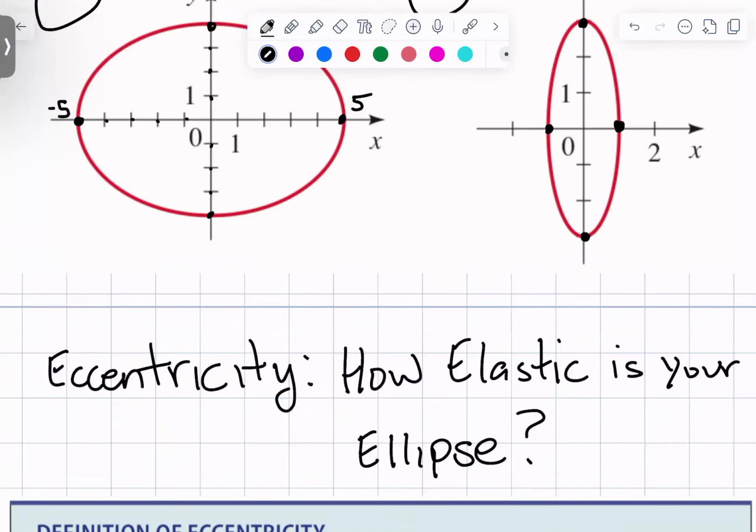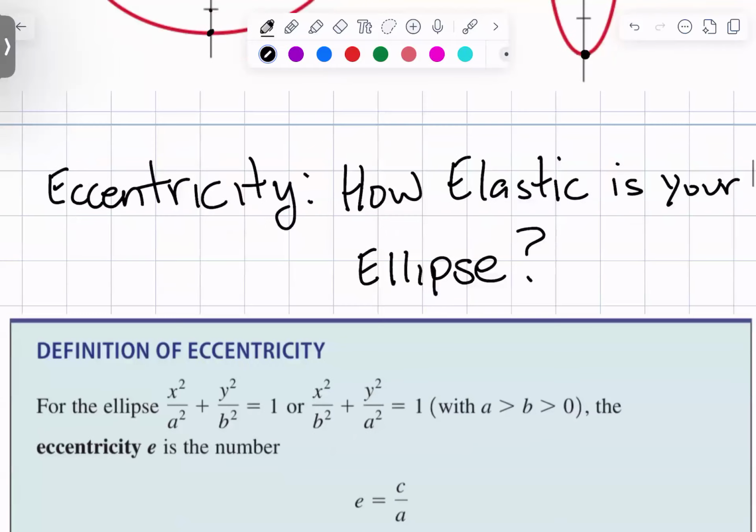Okay? The next thing is eccentricity. Okay? It's how elastic this oval is. So the more it looks like a circle, it's close to 0. There's no elasticity, right? The wider it goes, either horizontally or vertically, the greater the elasticity is, right?